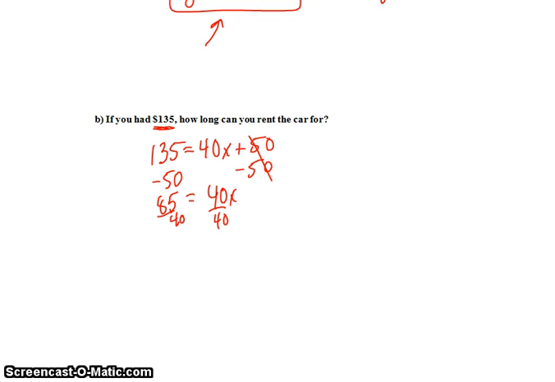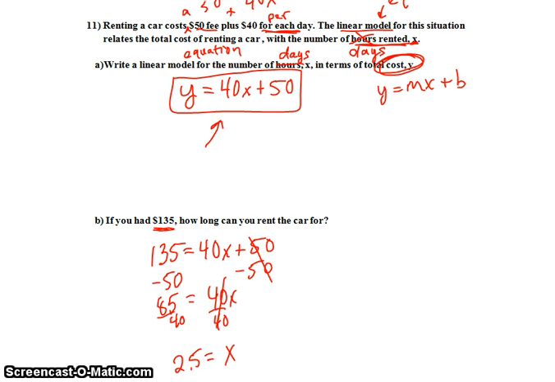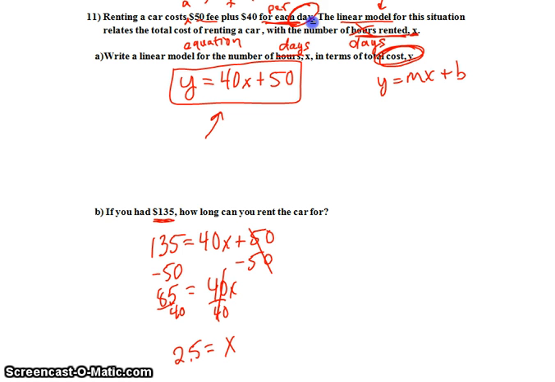I'm running out of room. We get x equals 2.5. All right, so now what does that 2.5 represent? It represents the days we could rent it. But can we rent it a half day? Probably not.